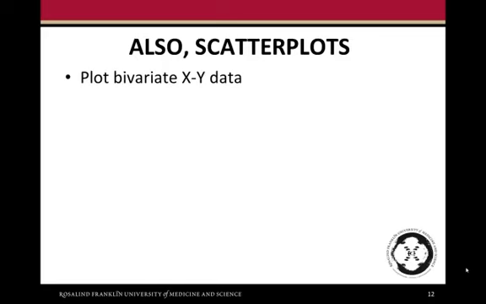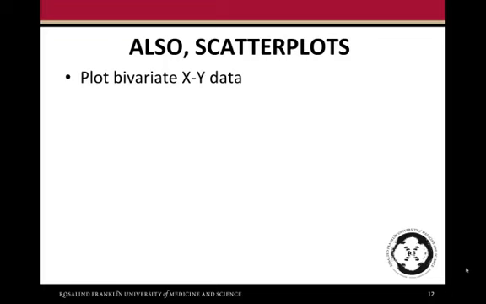Your textbook talks about line graphs, and this is where the x-axis is ordered in some way. For example, time or something that's in some order. And then the data points could potentially be connected to one another to be able to make those patterns clear. Another type of plot that I'm going to mention now and we'll come back to later on is a scatter plot.